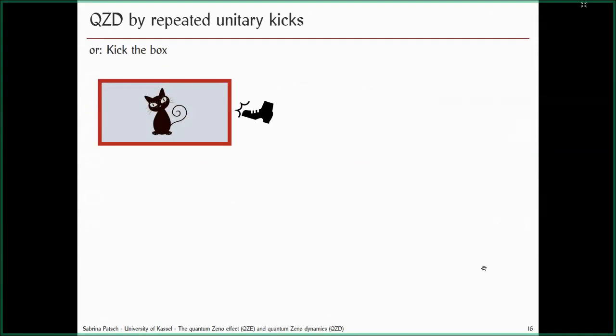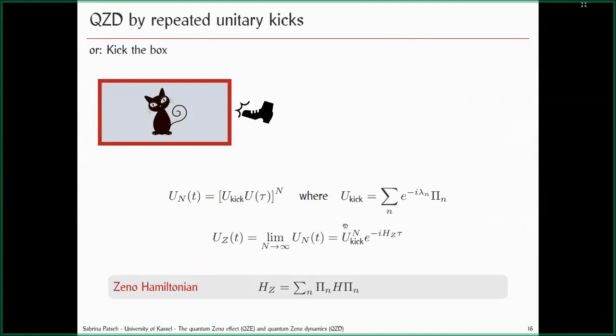And we can describe all this now in a very similar way. Now we don't have the projection, but we have the unitary evolution during the time tau, and then we have the kick operator. The kick operator in general is just some projectors and some phases, so we can write it like that, so it's just time instant. And then again we do this n times with very large values of n, and then we arrive at the very same picture.